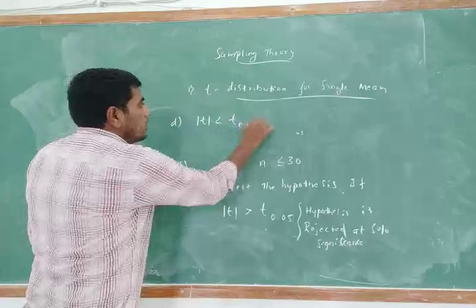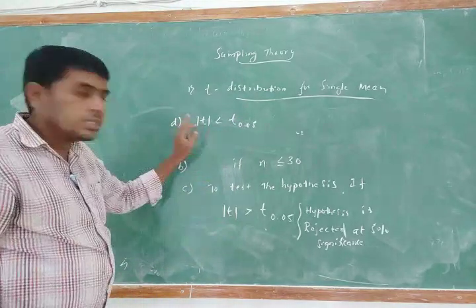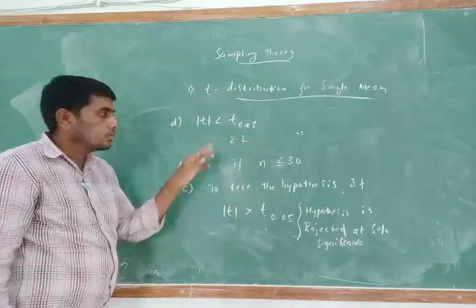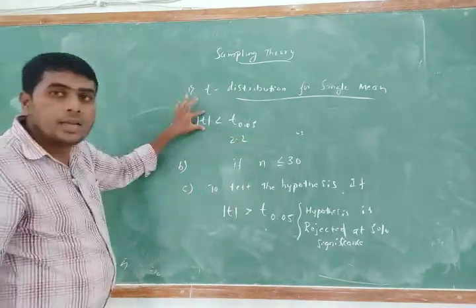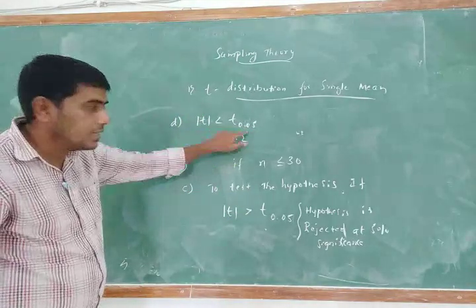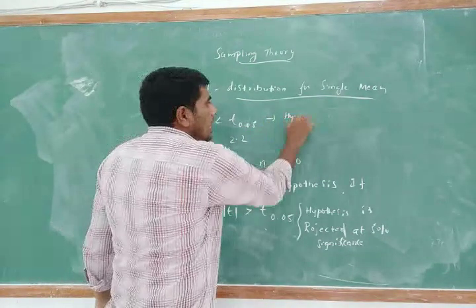Is it clear? If t is less than t of 0.05, means this t value should be less than this value 2.26. This t value should be less than t of 0.05. Is it clear? If it is less than this value, then the hypothesis is accepted.